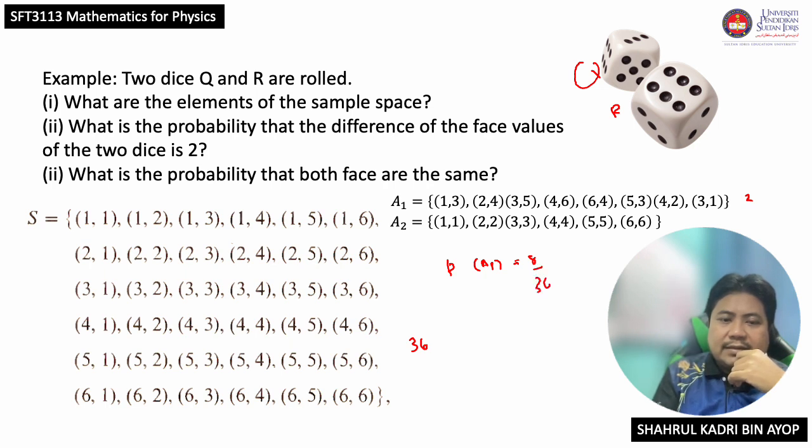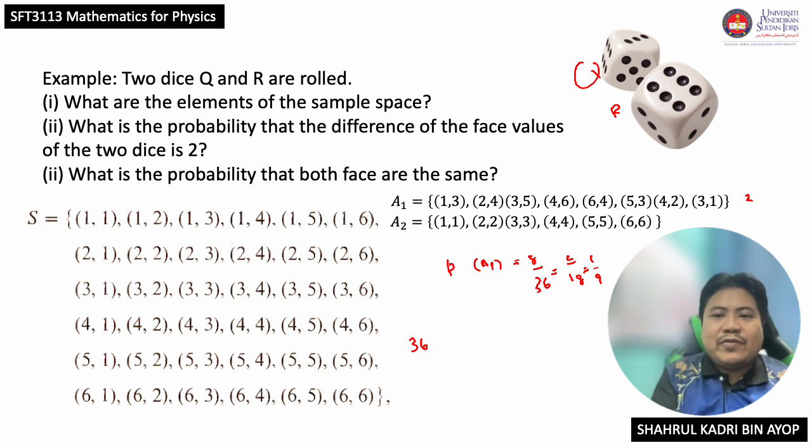Dividing by 4, that is 2 over 9. Okay, so that is the probability.